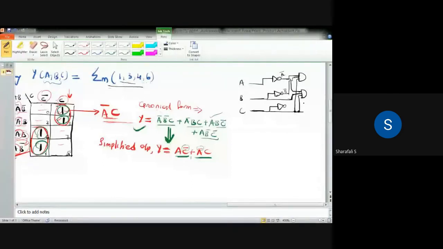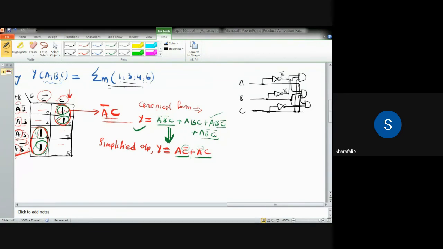And then the fourth one is A B C bar. So A B here, and C bar I have to consider. I have to take that A is coming, then C bar, A B. So A I have taken, B I have to take. That will be this AND gate.